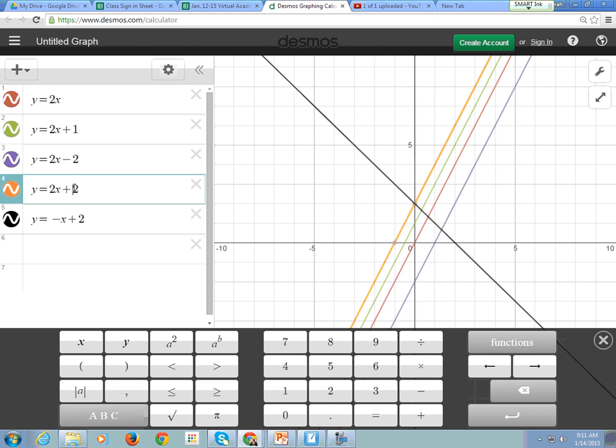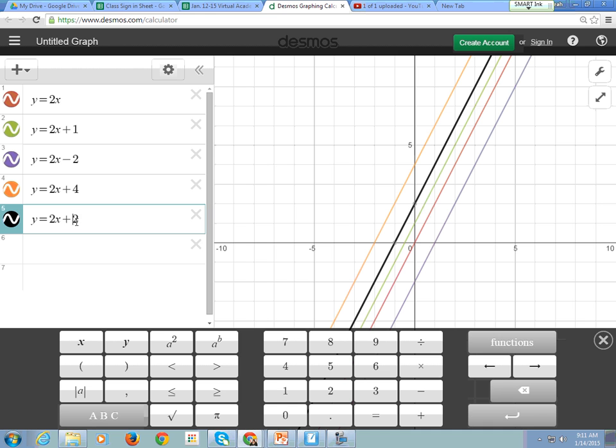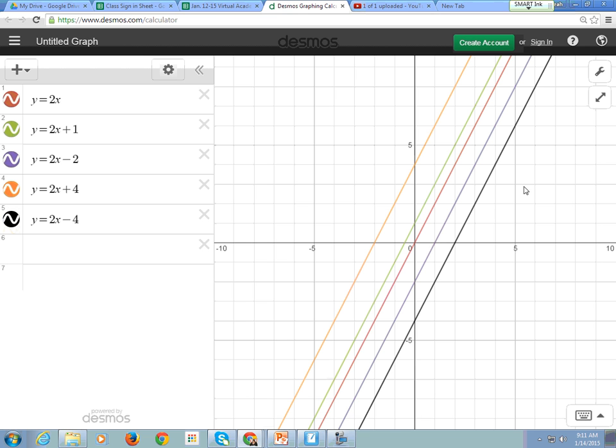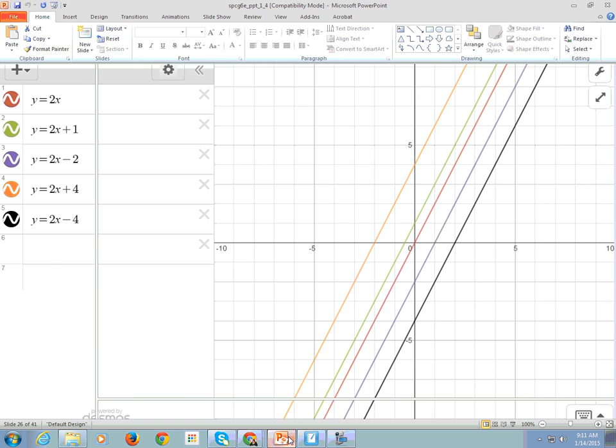Yeah, they're all going to be parallel. No matter where their intercepts end up lying, when you have the same slope, you're parallel.